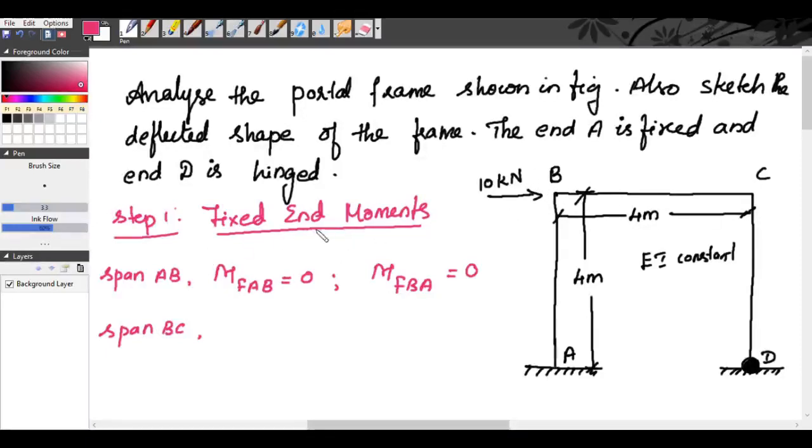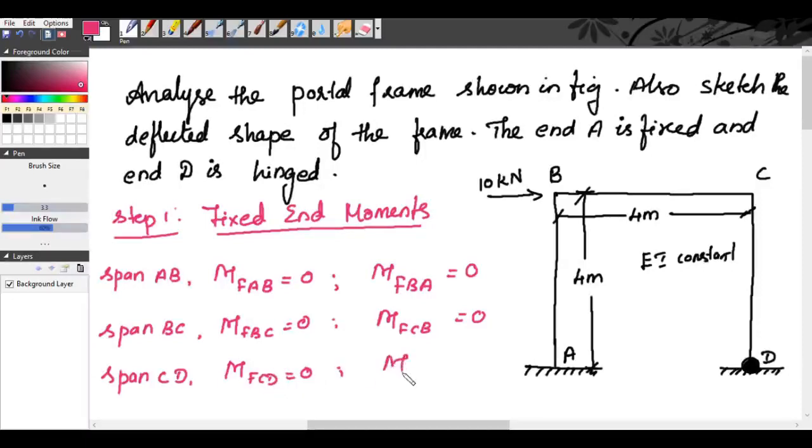These fixed end moments are caused because of the loadings on the span, so MFBC is equal to 0 and MFCB is also equal to 0. Now we will consider the span CD. Here also there is no external loading, so MFCD is equal to 0 and MFDC is also equal to 0.